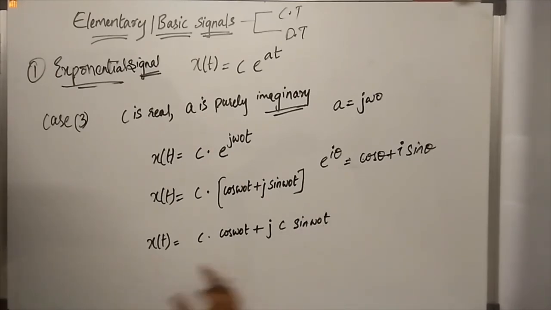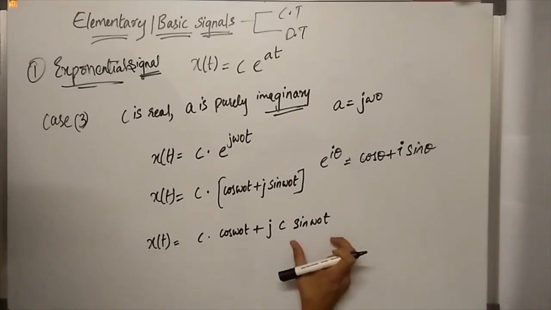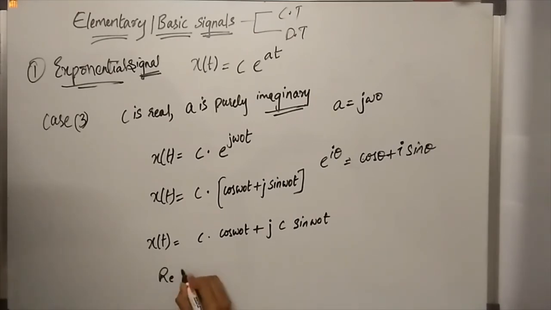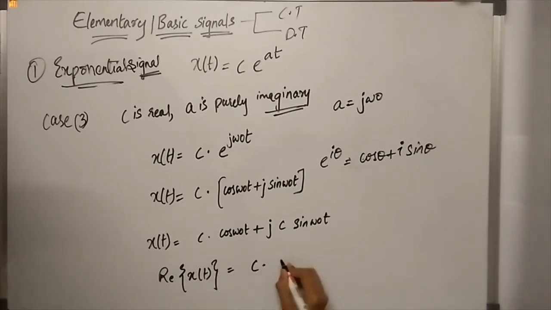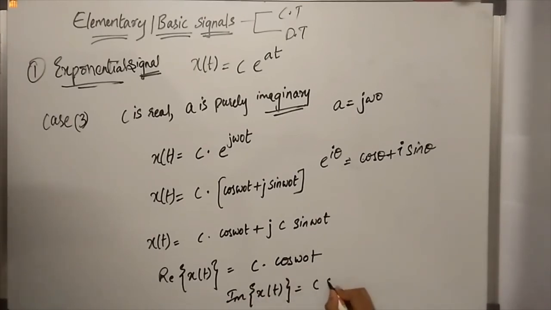So this signal has a real part as well as an imaginary part. Real part of x of t is C cos omega naught t, and imaginary part of x of t is C sin omega naught t.